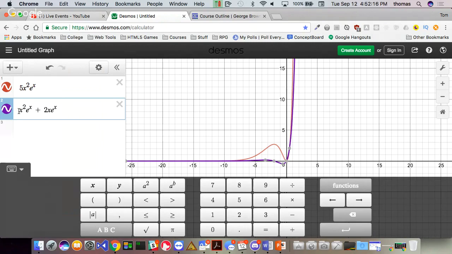And now we multiply everything by 5, since we took the 5 out. That's the first derivative.